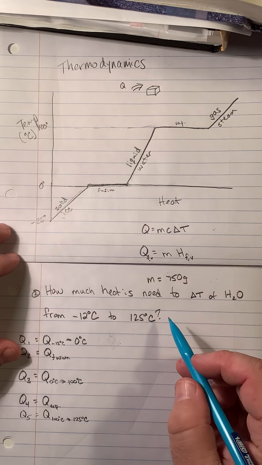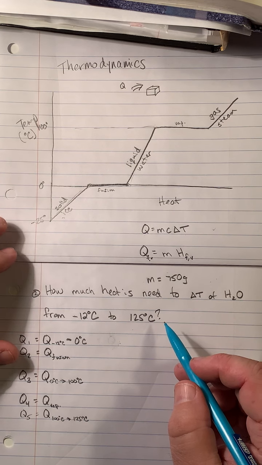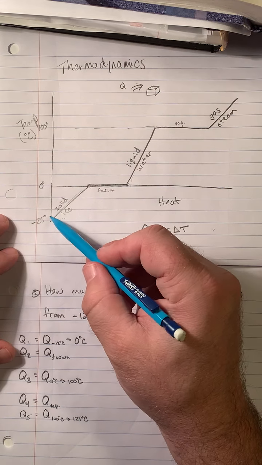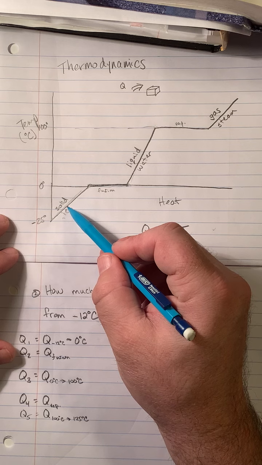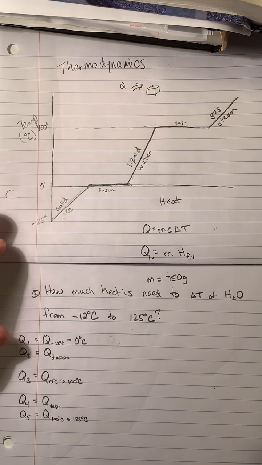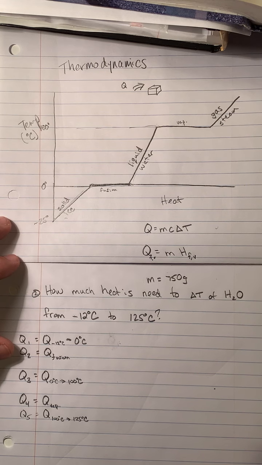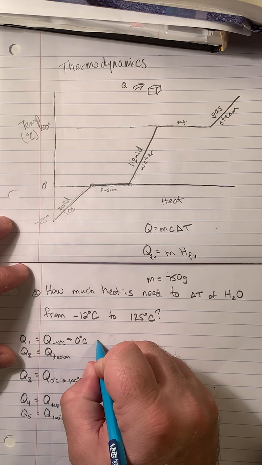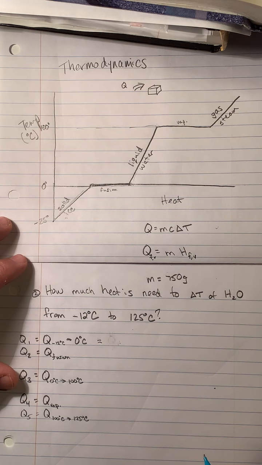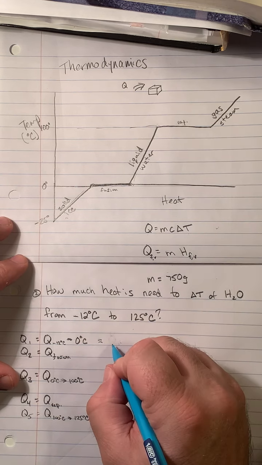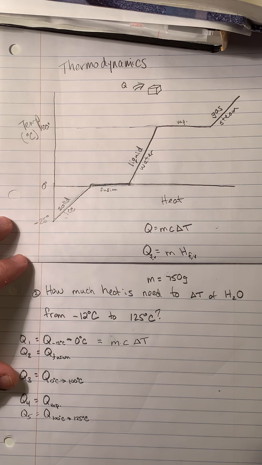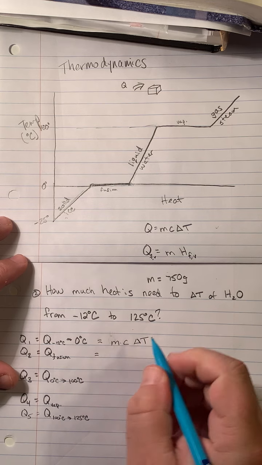How much heat is needed to change the temperature of water of 750 grams from -12, so somewhere around here, all the way through here, through there, all the way up to 125 degrees. So let's find out what all these things are. Well, I'll start off with Q1. Q1, I'm going to ask myself, does it require a temperature difference? Yes, it does. So I'm going to use MC delta T. Q2, does that require a temperature difference?